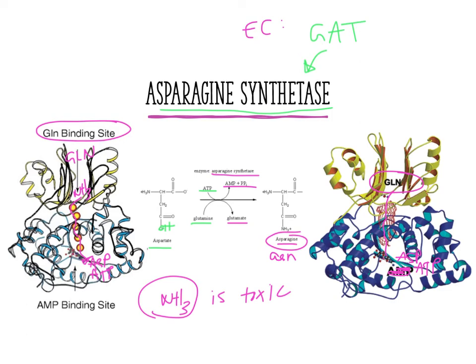This tunnel in asparagine synthetase is about 20 angstroms in length. Angstroms is a unit of length, a unit of distance. And it's not the longest. It's actually fairly short in terms of tunnels.